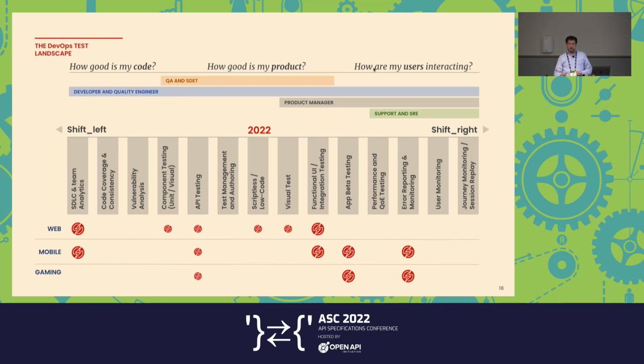Is the image still the right image, et cetera? We're looking at unit tests and security tests and so on. And it's not only the developers and the QAs that are looking at these tests, but also product folks, support folks, et cetera. So this diagram here is meant to show the breadth of testing capabilities that are available and where in the life cycle of your applications they're being used.